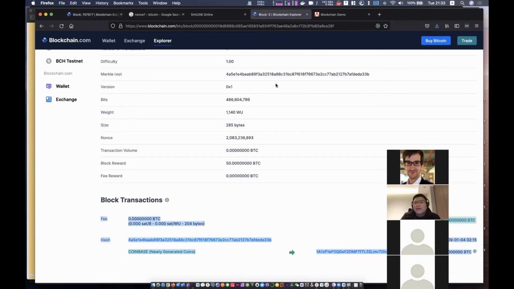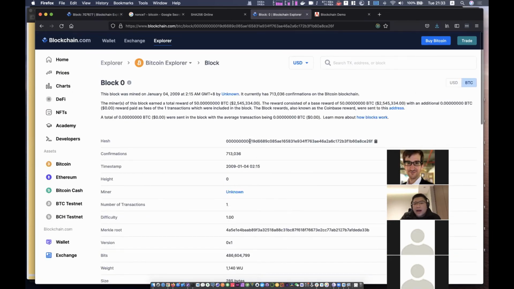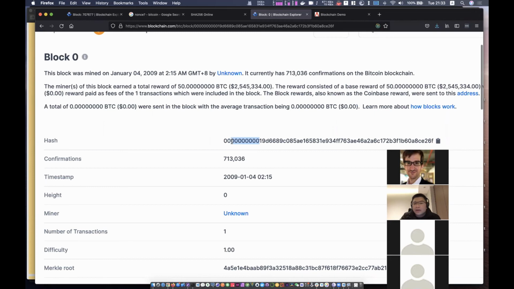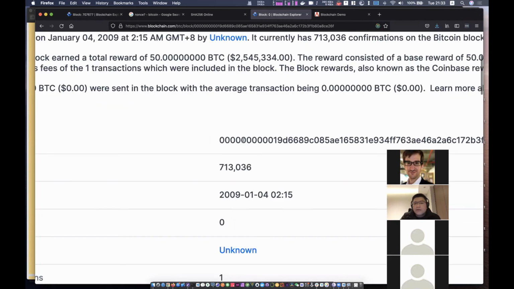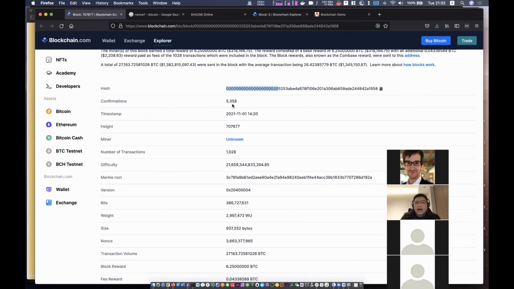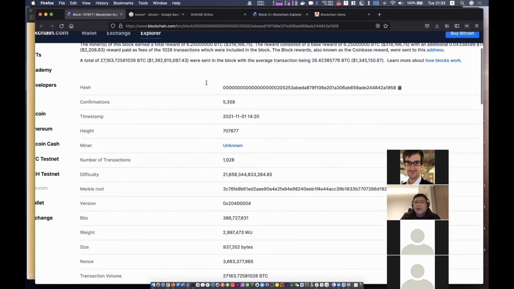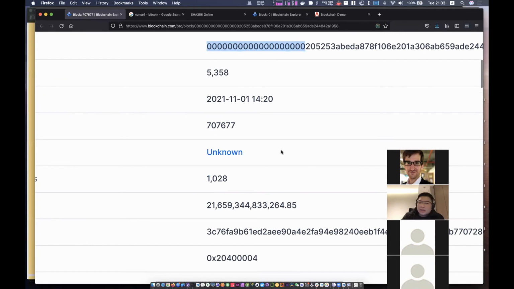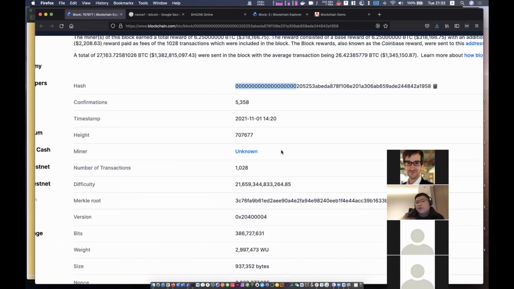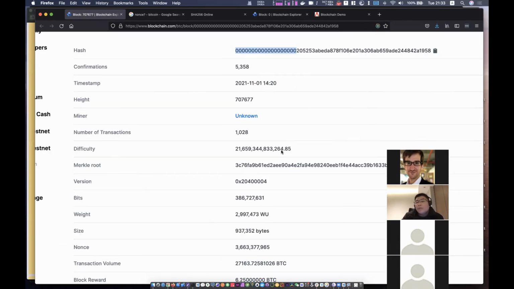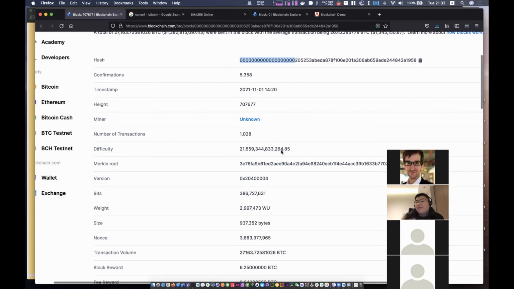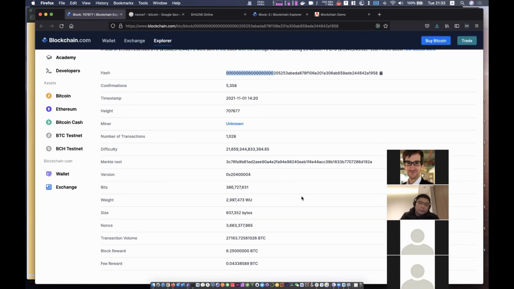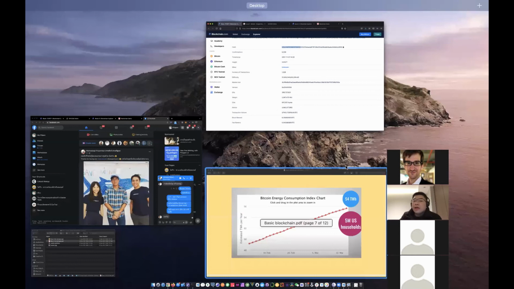For example, you can count the zeros in block zero: 1, 2, 3, 4, 5, 6, 7, 8, 9, 10, just 10 zeros. And right now you can see that they increase to 20 zeros here. So this is an increase in difficulty, and if you want to mine, you need to use more power because BTC has more value. So this one is energy consumption.